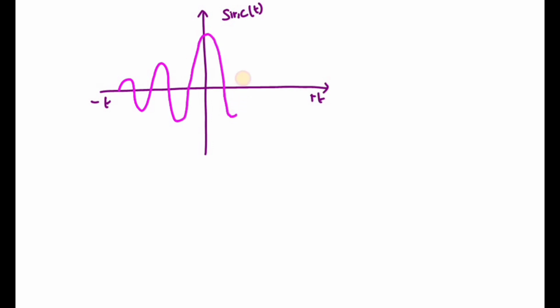Here also at 0 the magnitude is 1. This is a very important function while we are solving the Fourier transform.